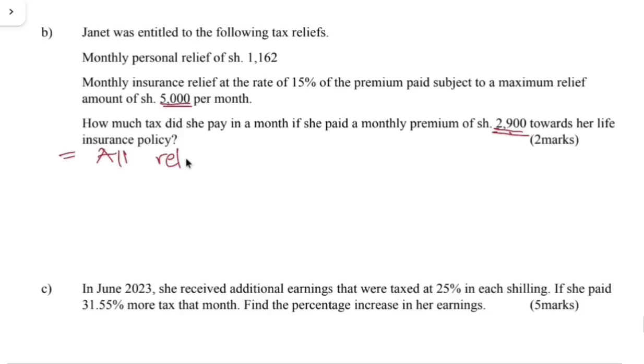So all reliefs, kuna hii ya monthly personal relief, I'll add it to your 15% of 2,900. So all the reliefs, if you just take them, 1,162 plus 15% of 2,900, it gives you a total amount of 1,597 shillings.